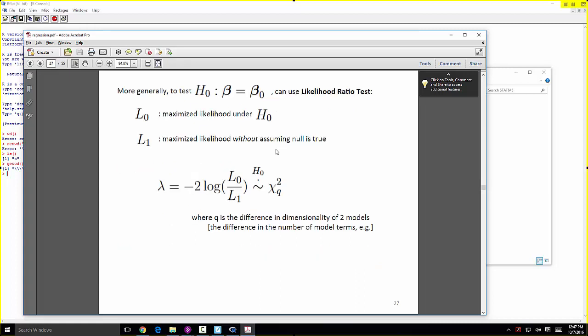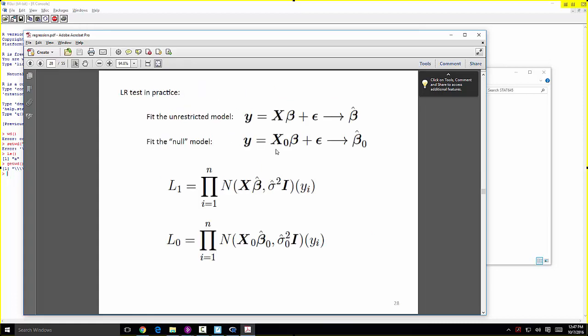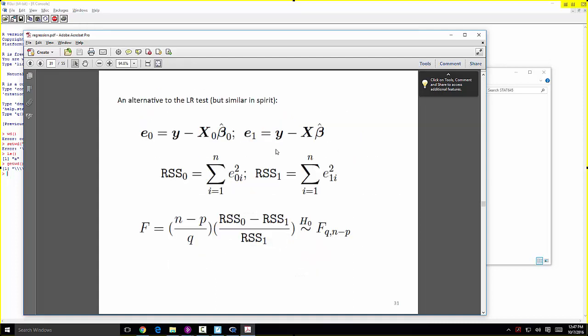But then we also saw two more general methods of inference testing called likelihood ratio tests and F-tests. So these can be used to test null hypotheses that involve more than one coefficient at a time. Likelihood ratio and F. Both of them proceed in a similar way.